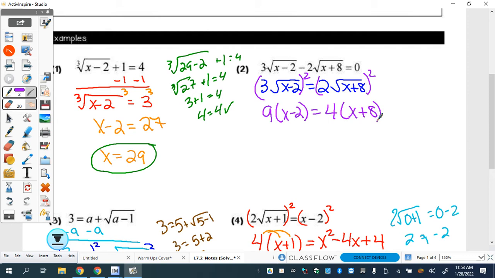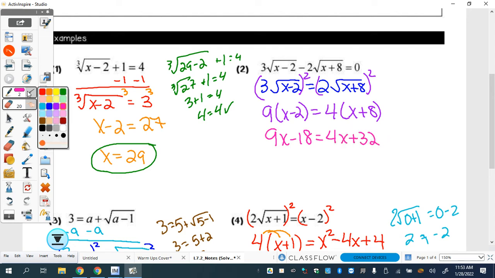So 9 times the x minus 2 equals 4 times the x plus 8. Distributing. Nine x minus 18 equals 4x plus 32.